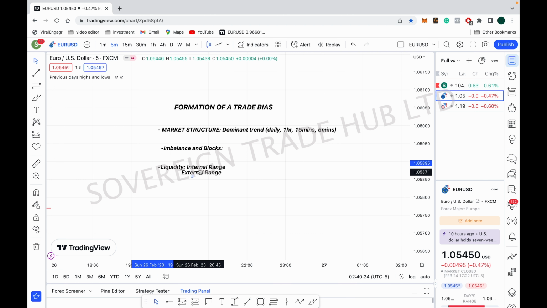This is the third thing we'll be looking at in trade bias: liquidity. Why? After determining price levels that we may retrace into in terms of imbalance and blocks, now we should be looking at where price may be attracted to.